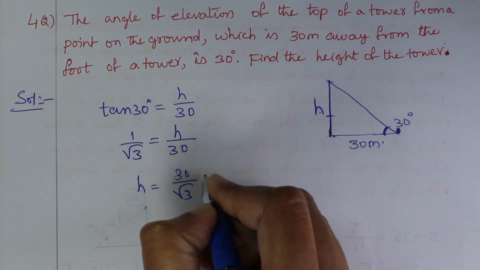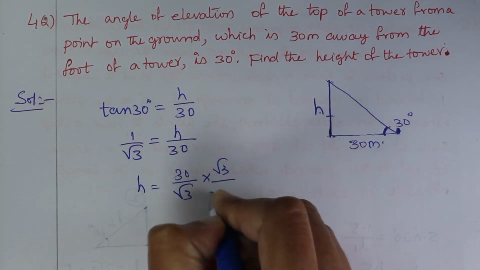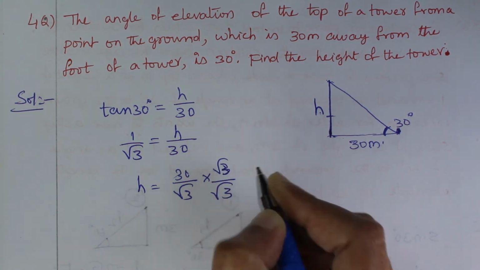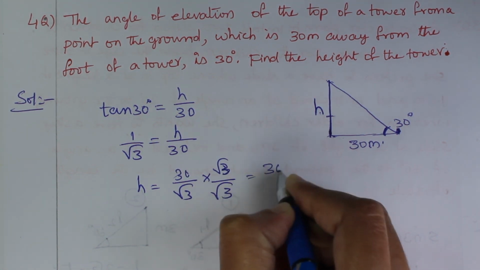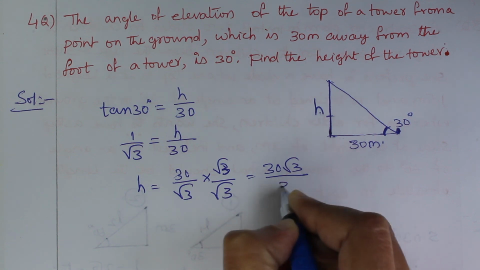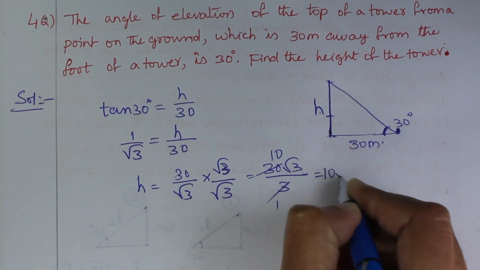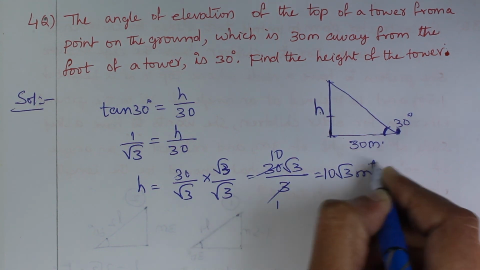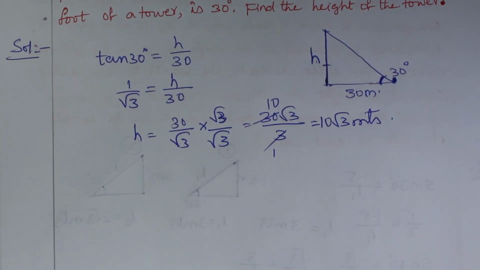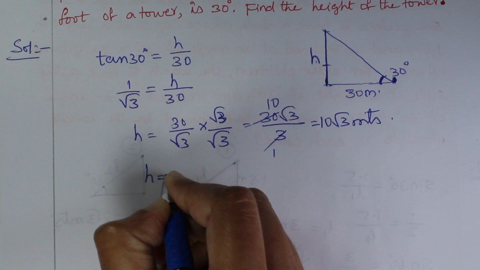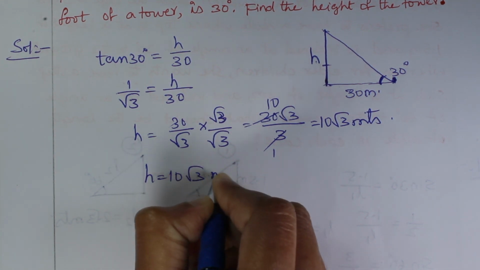I'll multiply denominator and numerator with root 3. That is equal to 30 root 3 divided by 3. 3 tens are 30. That is equal to 10 root 3 meters. So the height of the tower is 10 root 3 meters.